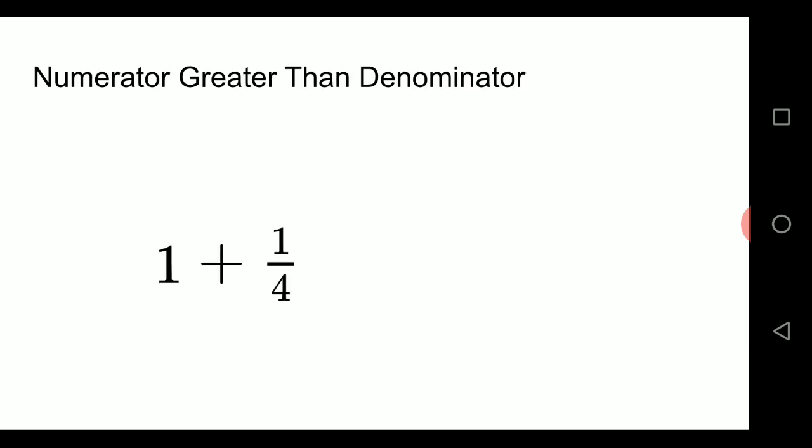Let me show you why. 1 plus 1 by 4 can be written like this, and this form is known as a mixed number. You can convert the mixed number into an improper fraction like this, 5 by 4.